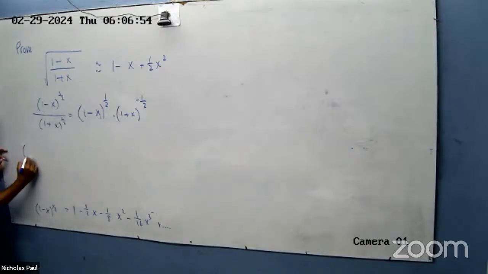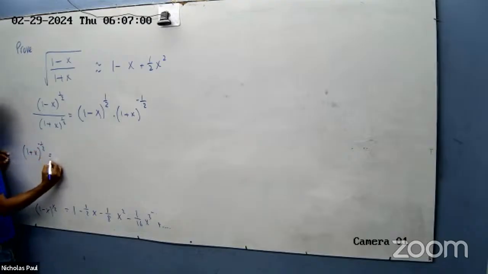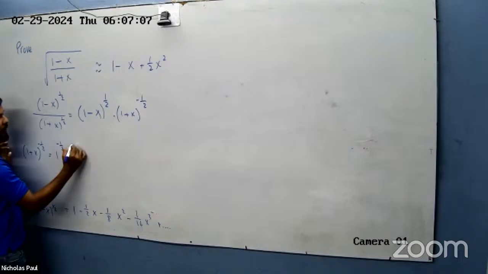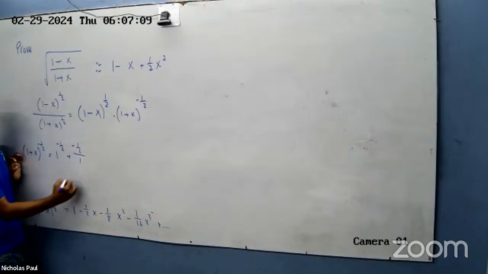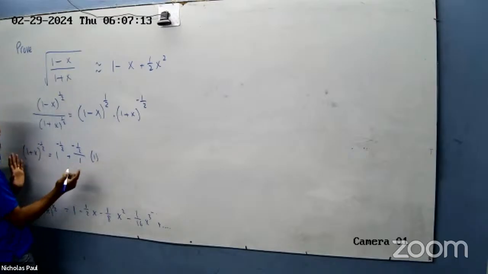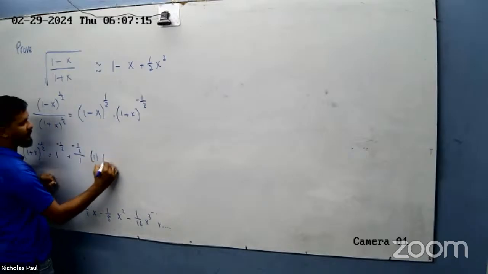So when you work this out, (1 plus x) to the minus a half, what did you all get? So it's 1 to the minus a half, plus minus a half times C1, right? By 1, I just put in 1 because 1 to any power is 1, right?